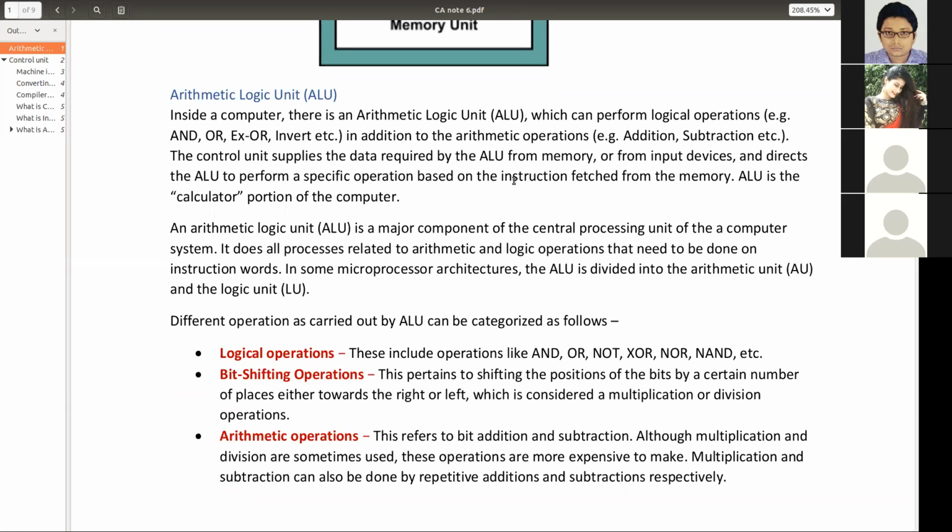I can give you one simple example. AND operation means, suppose you are providing two inputs to your computer, X and Y. Suppose X has some value and Y has some value. The value will obviously be either 1 or 0, because we are interacting with our computer in the binary language. The binary language has only two things, 1 or 0.